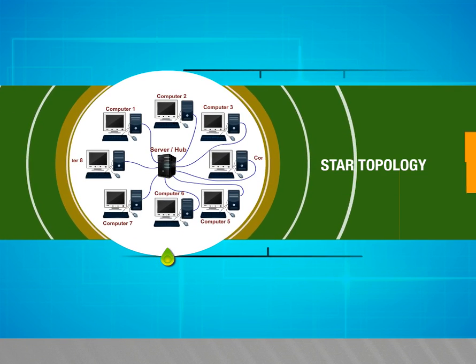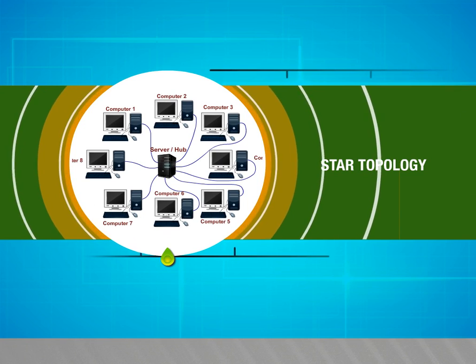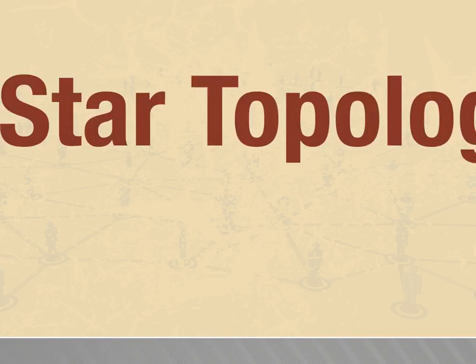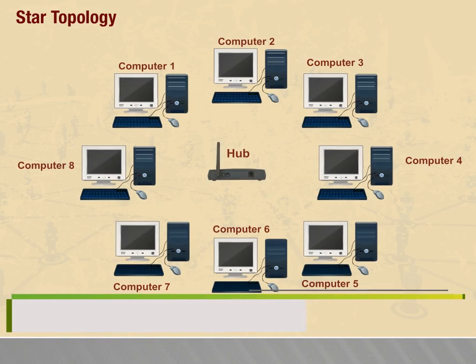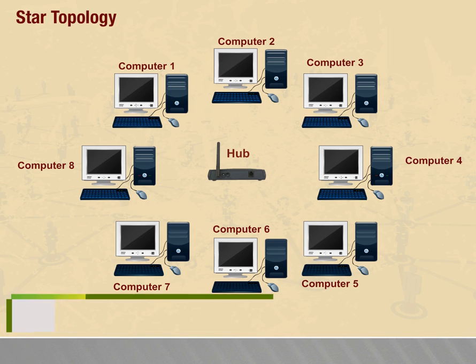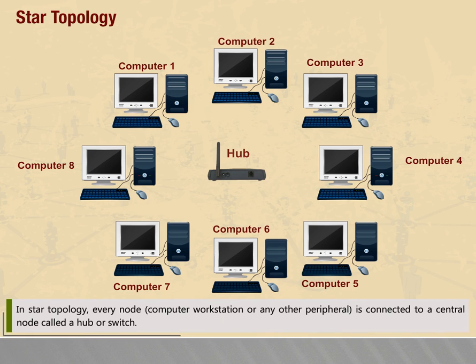Star topology. In this video, we are going to learn about star topology. A star topology consists of a number of devices connected by point-to-point links into a central hub. In star topology, every node, that is computer workstation or any other peripheral, is connected to a central node called a hub or switch.